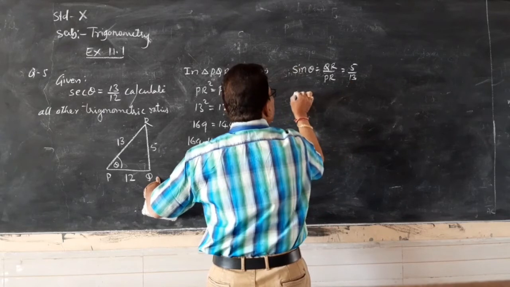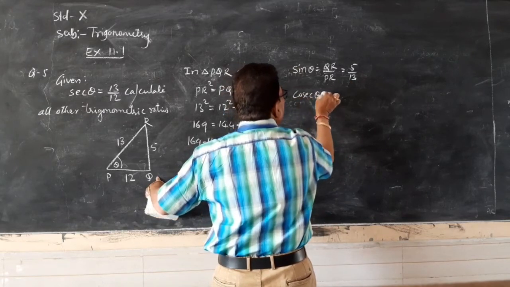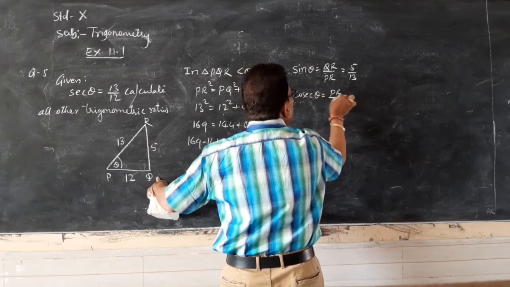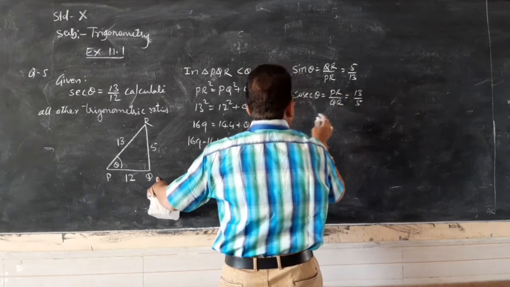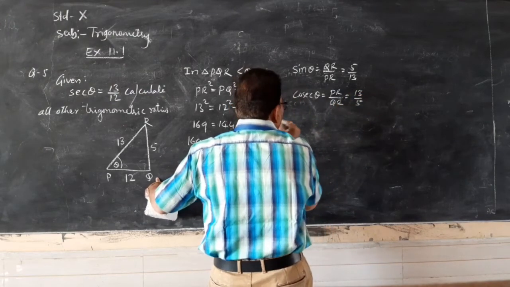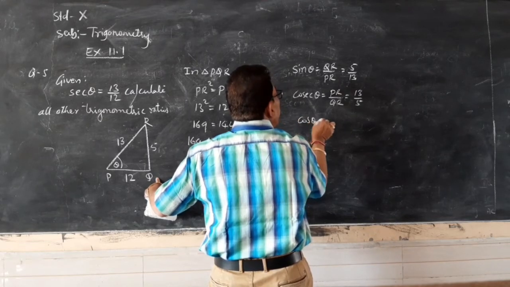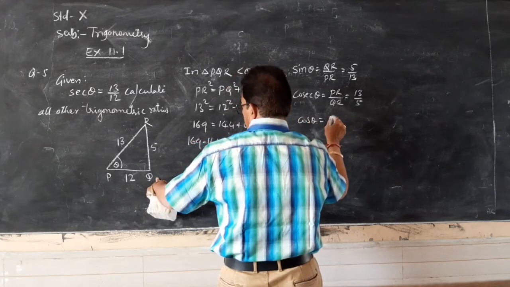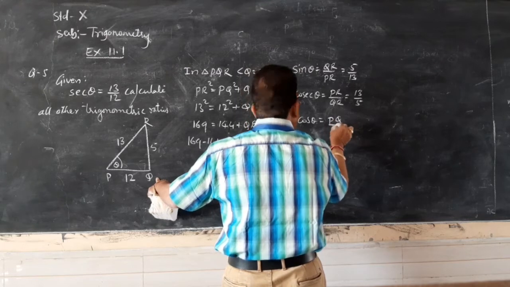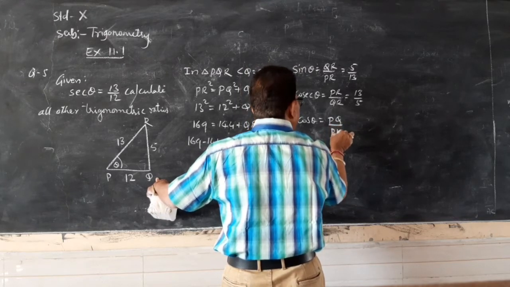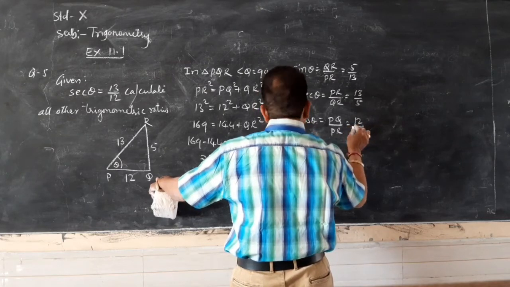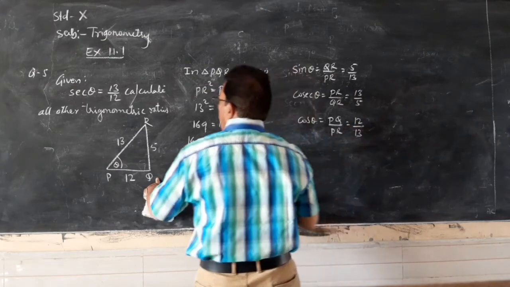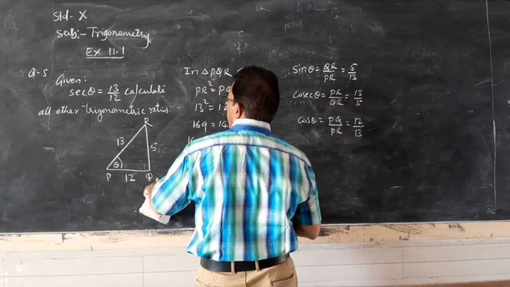Then cosec theta equals PR by QR, 13 by 5. Cos theta equals adjacent side divided by hypotenuse PR, that is 12 divided by 13. Then sec theta we have already calculated.